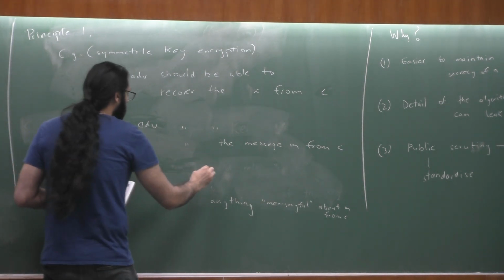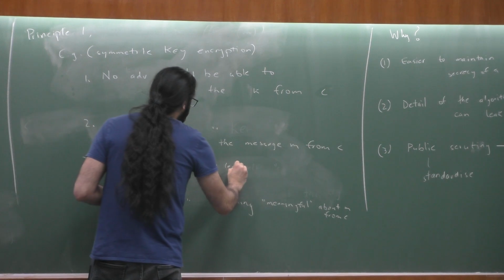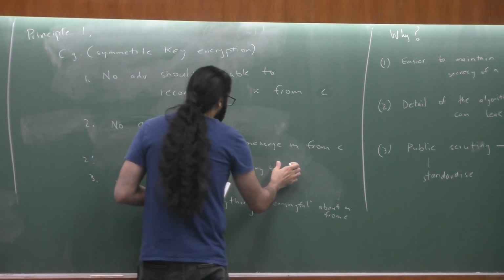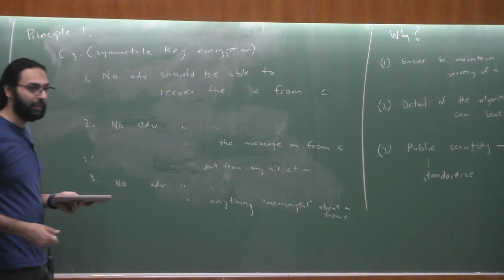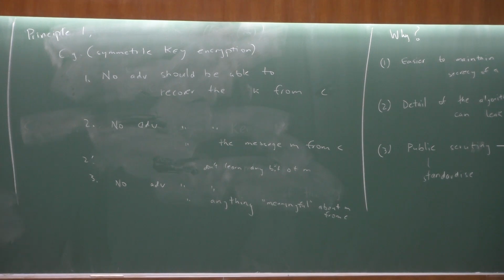You could say you don't learn any bits of M. But you could still learn something, for example, if I had the encryption of somebody's salary, you could still learn whether it's greater than 5,000 or less than 5,000.